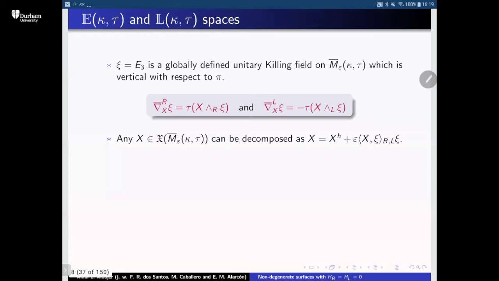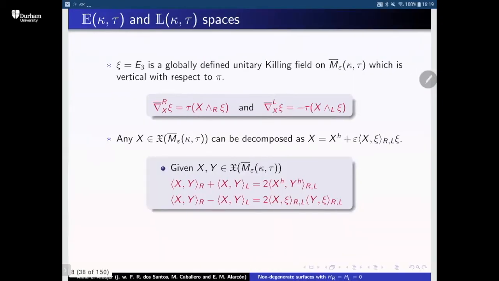On the other hand, any vector field on our ambient space can be decomposed into its vertical and its horizontal part, where the vertical part is just the projection onto the Killing vector field T, and the horizontal part is the orthogonal one, of course. Taking into account this decomposition and the form of the Riemannian and the Lorentzian metrics, we can give two nice expressions when we combine these two metrics.